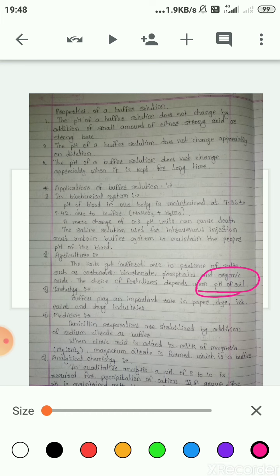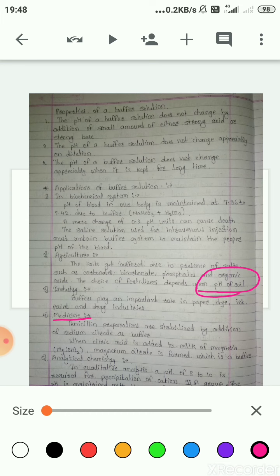Next one is industry. In the industrial area, buffers play an important role in the paper industry, dye industry, ink, paint and drug industries. Next is use in medicine.